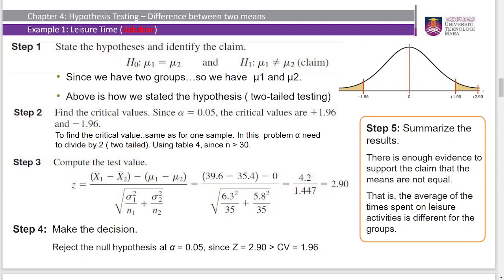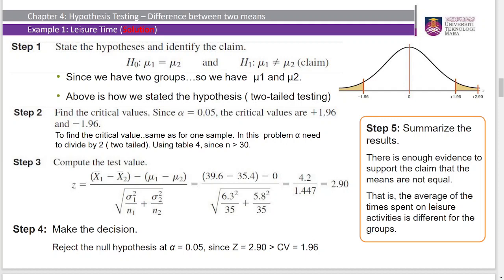So the first one says that you have to state the hypotheses and identify the claim. So in this case, H0: mu1 equal to mu2, saying that there is no difference between the mean average time spent on leisure between the two groups.